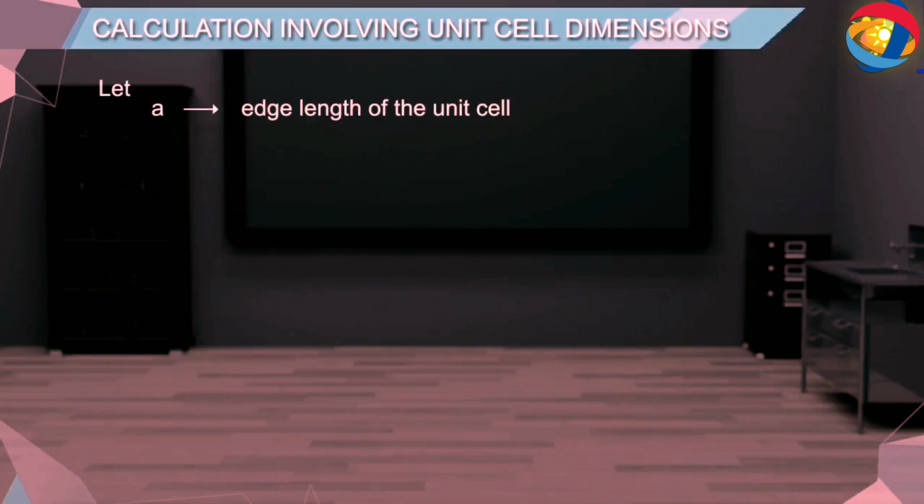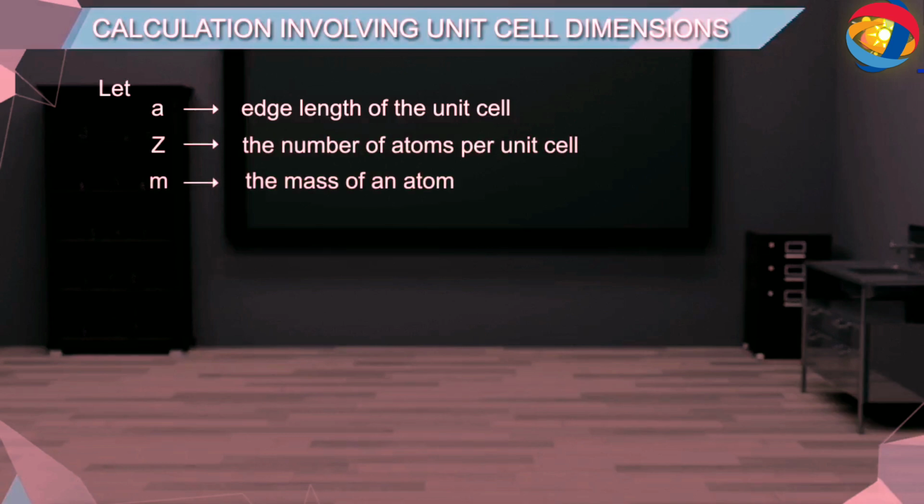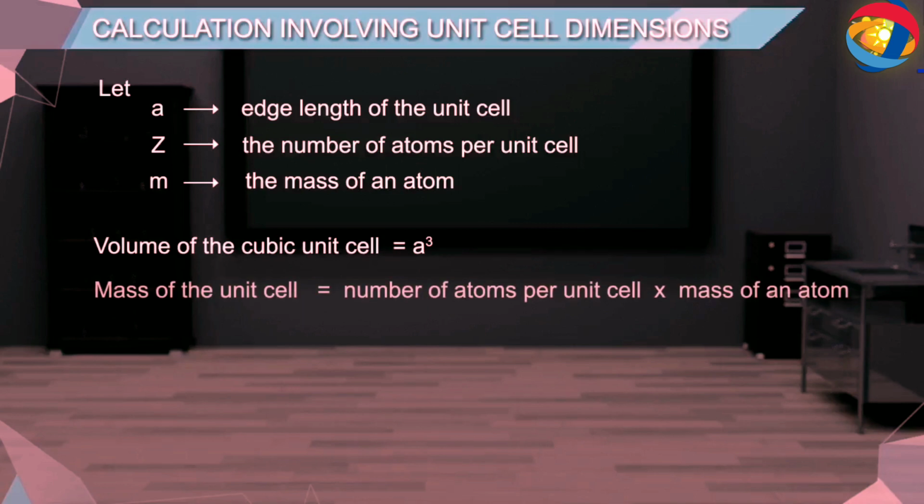Let a be the edge length of the unit cell, Z be the number of atoms per unit cell, and m be the mass of an atom. Then the volume of the cubic unit cell is equal to a cube, and the mass of the unit cell is equal to the number of atoms per unit cell times the mass of an atom.